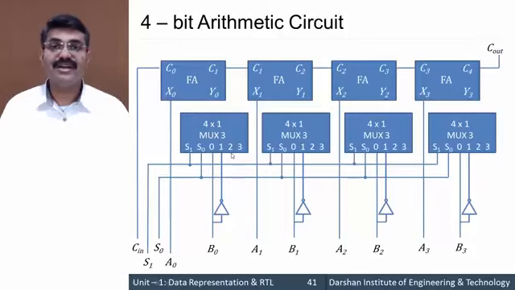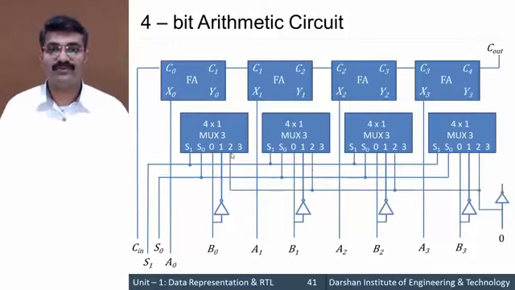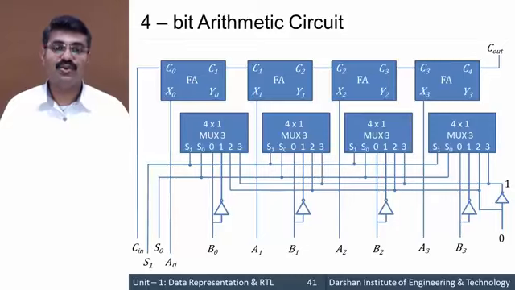Then the second line we are providing the hard-coded value 0, and the third line to the multiplexers we would be connecting with hard-coded value 1. Repeating the inputs again, 0 is connected with B, 1 is connected with B complement, 2 is connected with 0 and 3 is connected with 1.